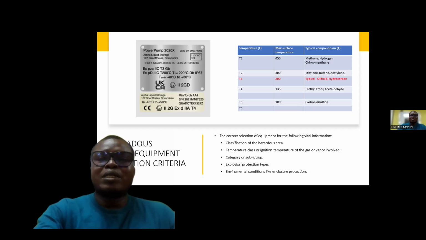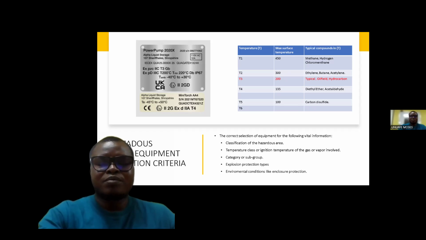I want us to also understand that the temperature class is the maximum surface temperature that equipment can reach during operation. It ensures the equipment won't ignite the surrounding atmosphere.